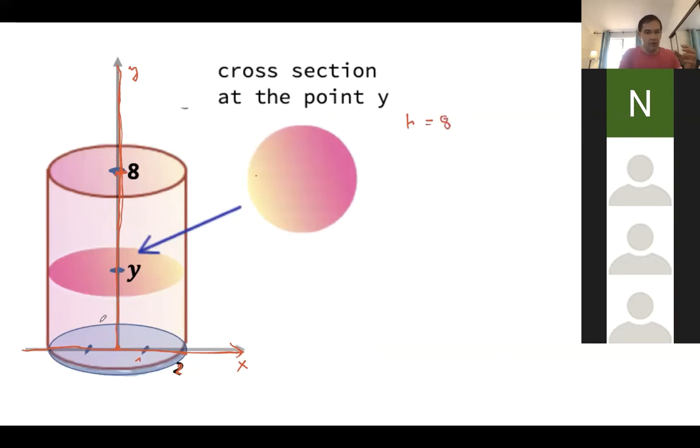And the radius of the base is 2. Okay, so how do we compute volume? First of all, we'll be doing cross-section perpendicular to the y-axis. Or you might say orthogonal to the y-axis, the same thing.